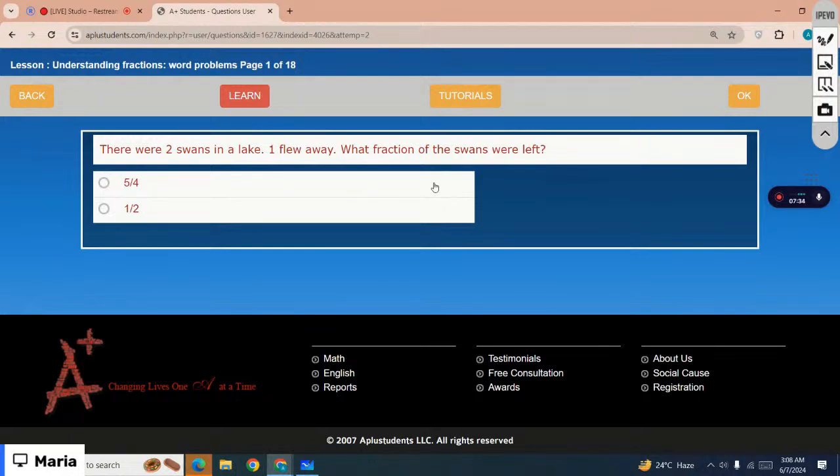There were two swans in a lake. One flew away. What fraction of the swans were left? So, which is the correct option? The total swans were two, right? One flew away. That means you're left with one, right?